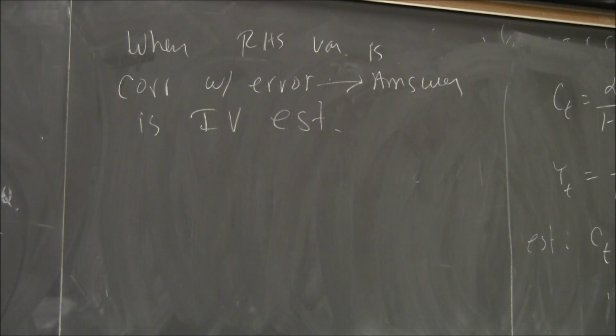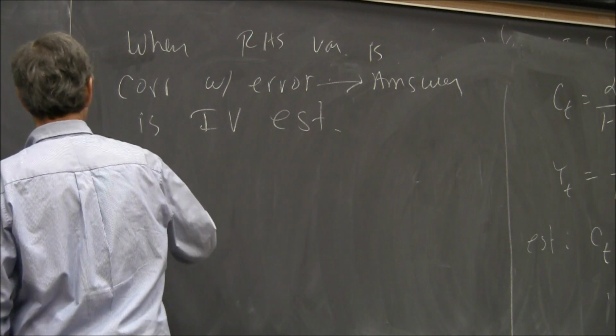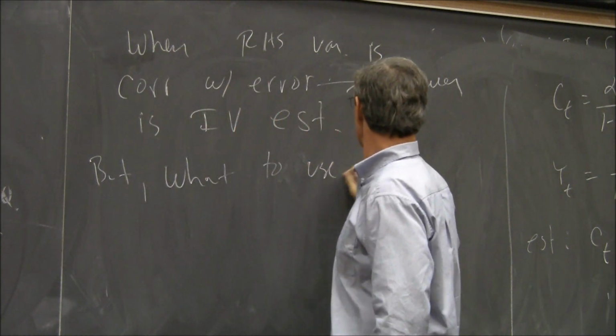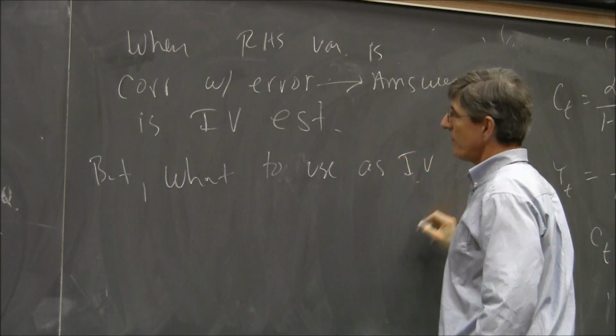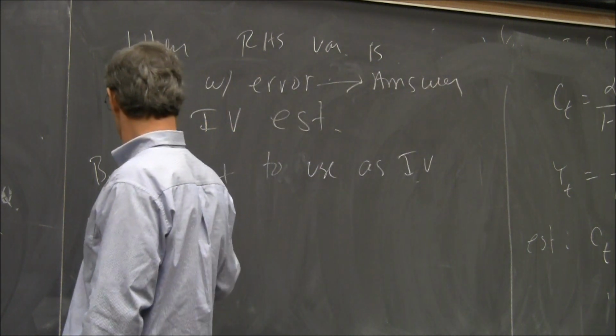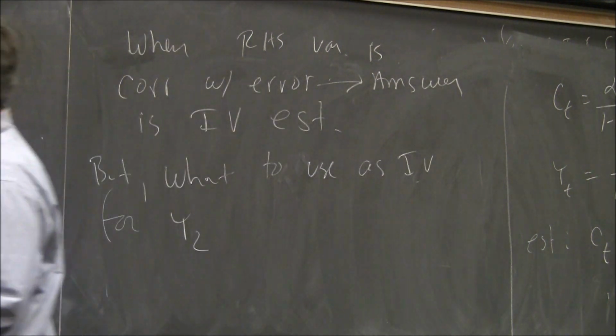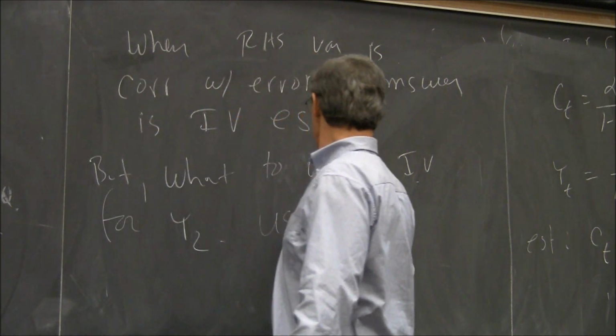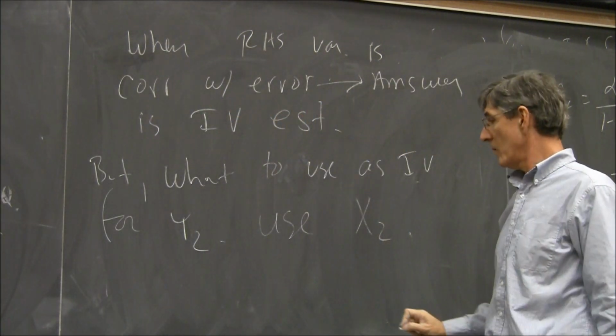But what to use as IV for y2? Because that's the problem: y2 is correlated with the error term. What do we use as an instrumental variable here? Use x2. Why?